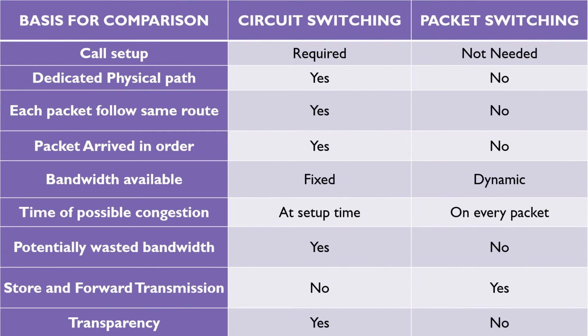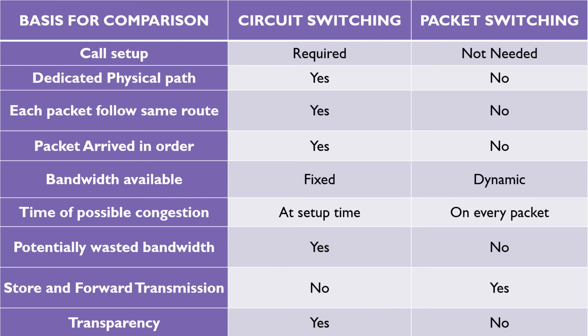This single table represents the difference between circuit switching and packet switching technique. Here call setup or connection is required before conversation in circuit switching, not needed in packet switching. There is a dedicated physical path available in circuit switching, not in packet switching.